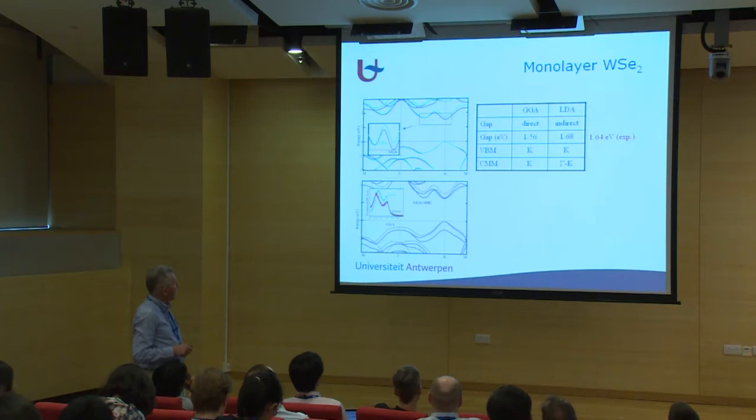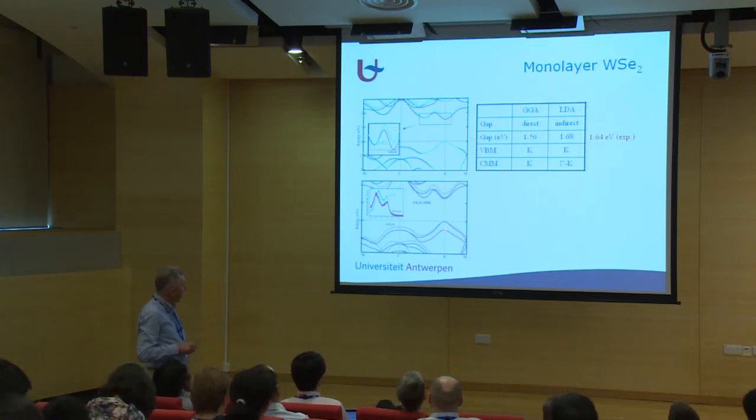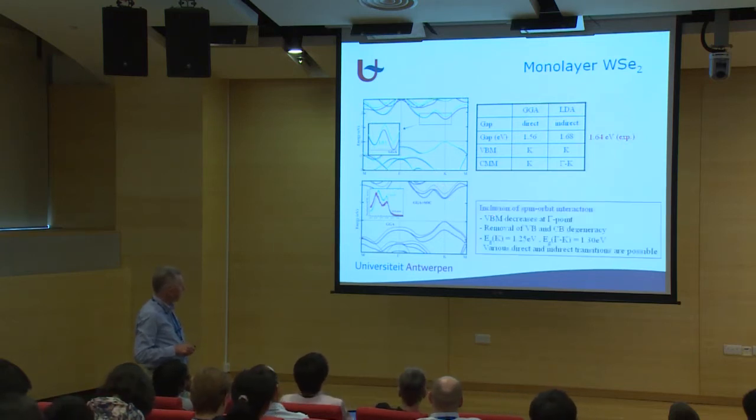The reason is that you have to include spin-orbit interaction and also excitonic effects. Then you find that the conduction and the valence band here split. Okay? Also, the valence band at the gamma point decreases in energy. You go from this red to this blue curve here.